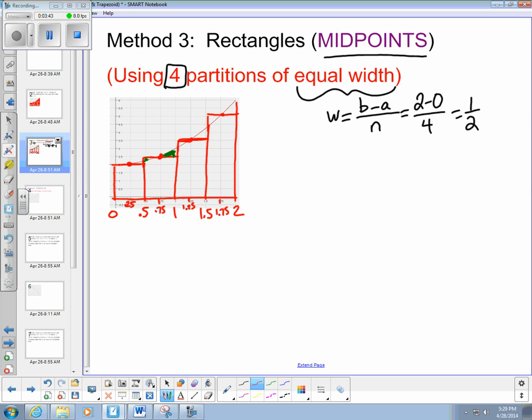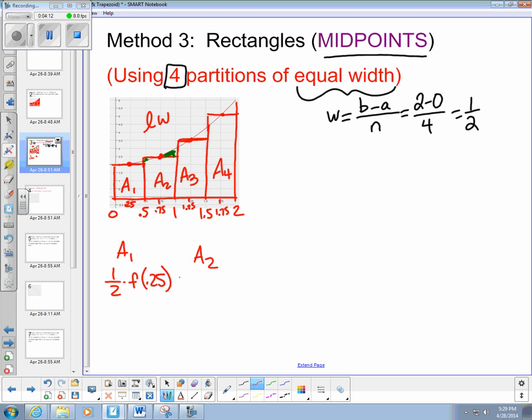Okay, now how do you find the area of the rectangle again? Area is length times width. Our width we already said was 1/2. And our length is going to be found by the y values when x are those midpoints. So the area of the first rectangle would be 1/2 times f of 0.25, the y value when x is 0.25.